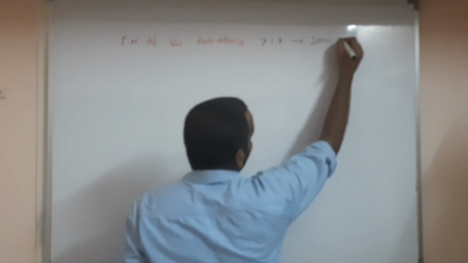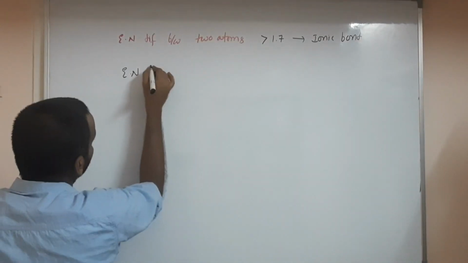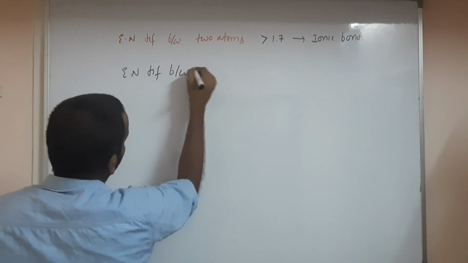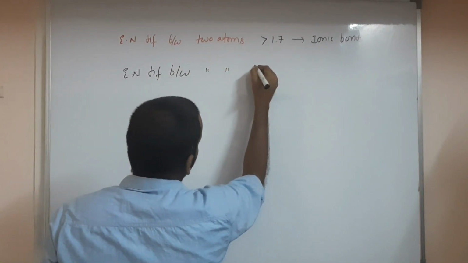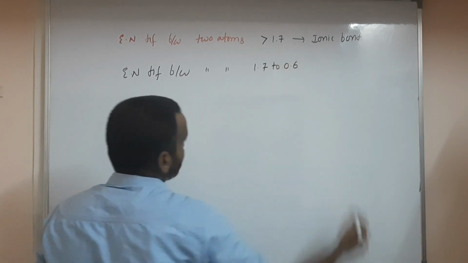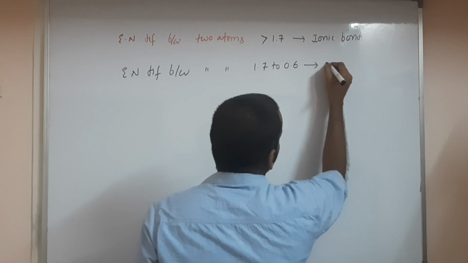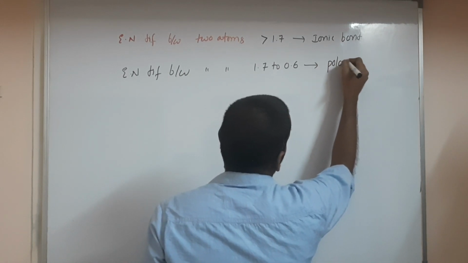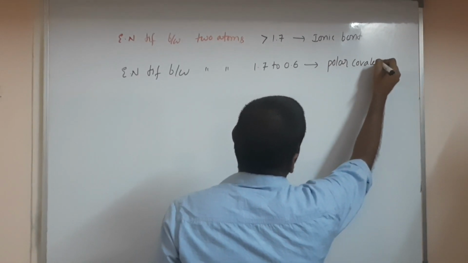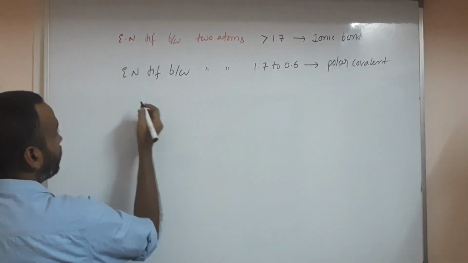What bond is that called? Ionic bond. If the electronegativity difference between two atoms is from 1.7 to almost 0.6, then the nature of the bond is polar covalent. What bond is that called? Polar covalent. Okay. What is polar covalent?